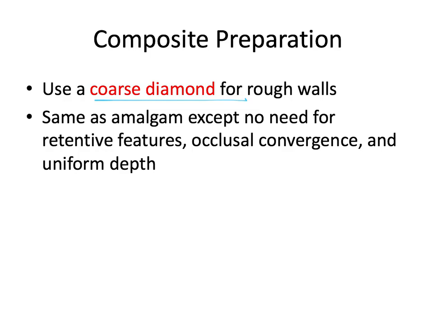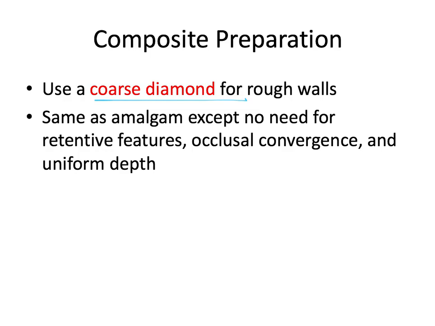The nice thing here is that really all of those philosophies stay true for composite, except there's not really a need for those retentive features, those secondary features we talked about, grooves, slots, pins, things like that. Occlusal convergence isn't as needed.